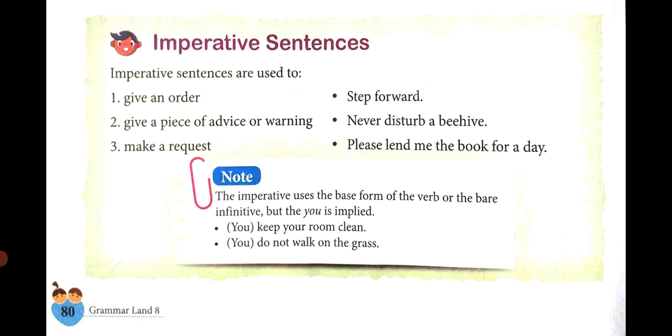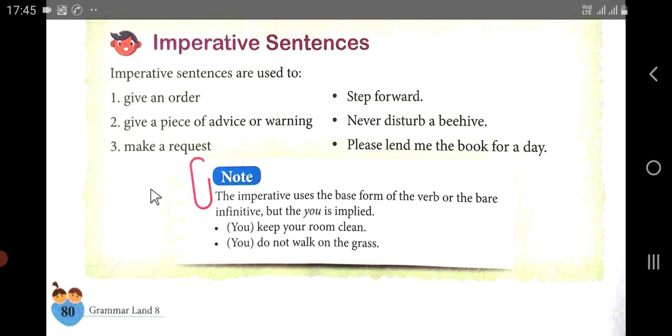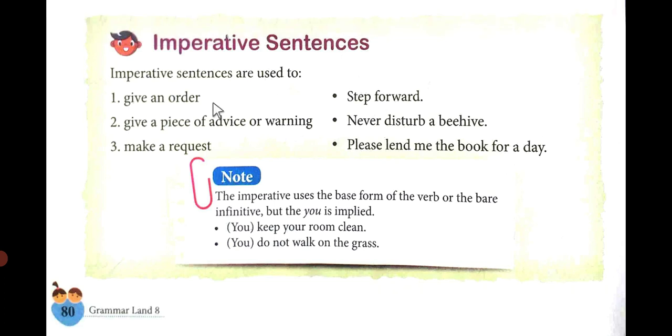So, let's see imperative sentences. Imperative sentences are used to give an order, give a piece of advice or warning, make a request.